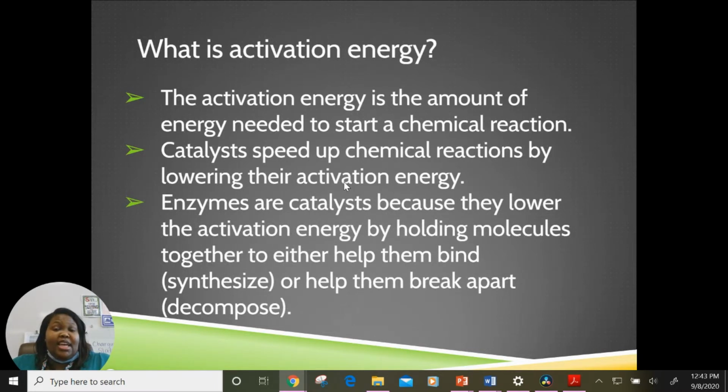Enzymes, I keep telling you, are catalysts because they're going to lower the activation energy by grabbing those molecules and holding them together so that they can bind and synthesize, become one, or it's going to hold those molecules together and help them break apart or decompose.